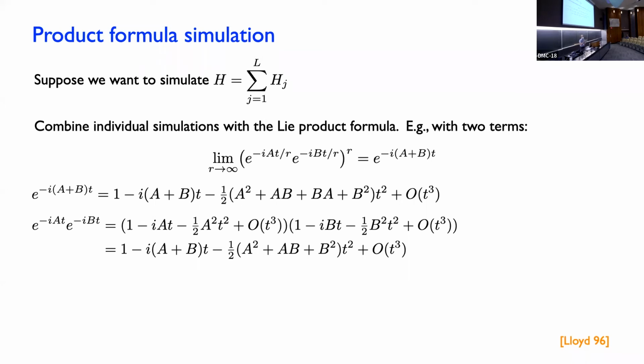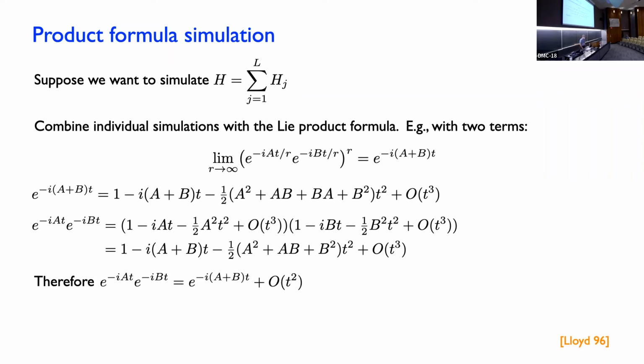Sorry about that. I only have A times B in the second order term for the evolution with A on the left and B on the right. So these two expressions don't agree exactly. And yeah, I'm sorry, there's a 2 missing. It should say A squared plus 2AB plus B squared. So I have some deviation at second order, but I'm getting the first order of the Taylor series right.